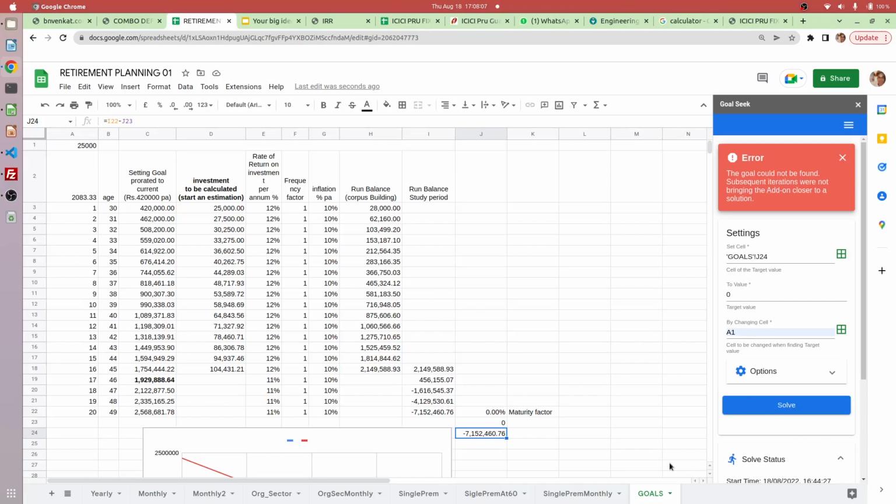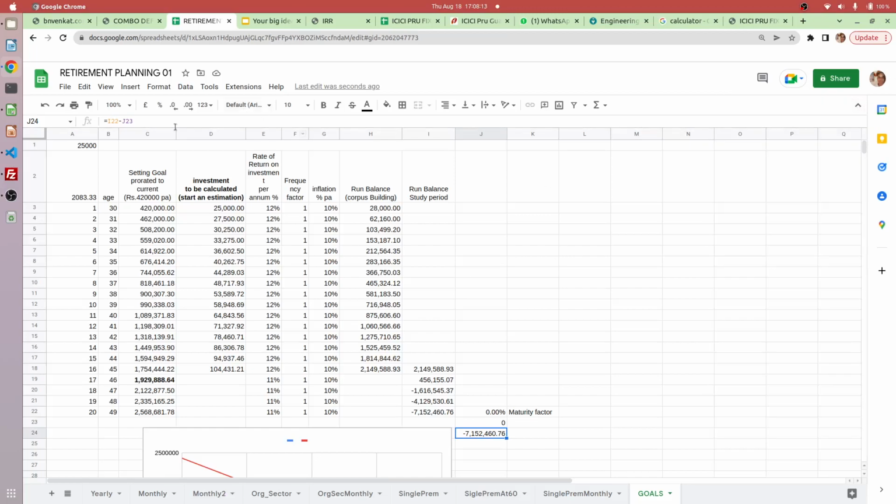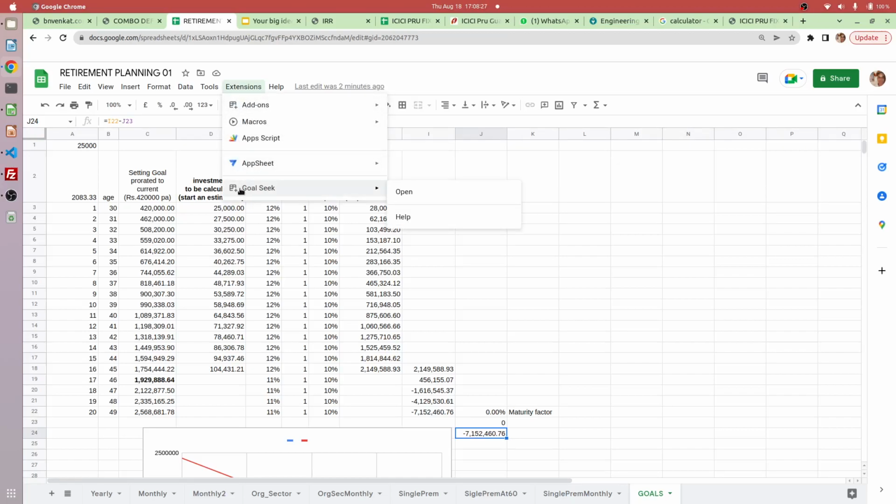Now let us see how we get the goal seek. Fix the target field, keep the pointer in the target cell, and go for extensions, add-ons, and what we have called goal seek. Goal seek, open it.